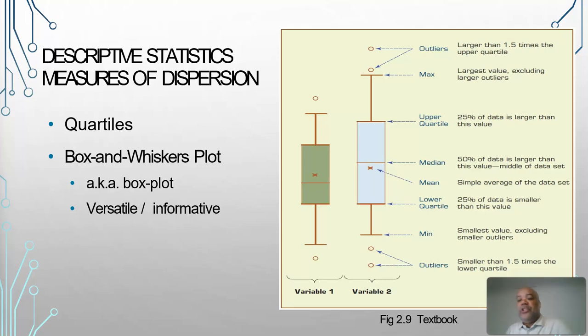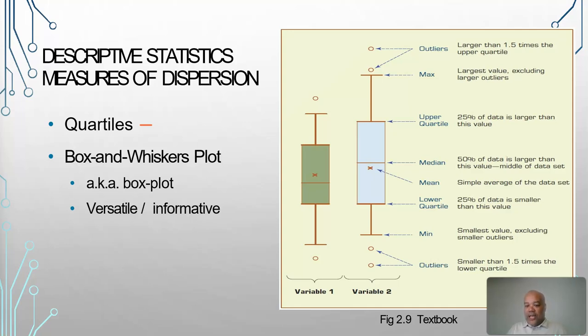Measures of dispersion provide insights into the spread and variability of a data set, and quartiles are key concepts for summarizing this variability. Quartiles divide the data into 4 equal parts.